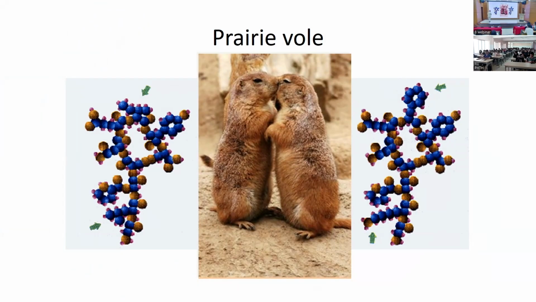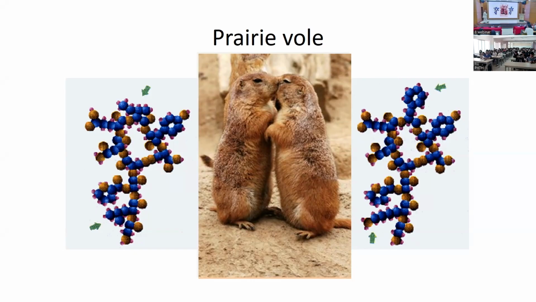And here are two hormones. Does somebody recognize those hormones? What are those molecules? It's a very difficult question. Nobody knows? It's oxytocin and vasopressin. Did you recognize it? Okay, good.